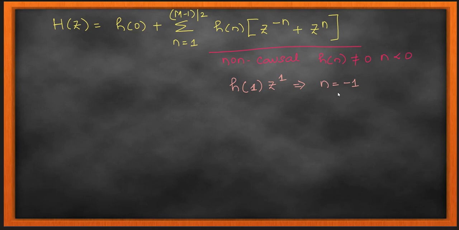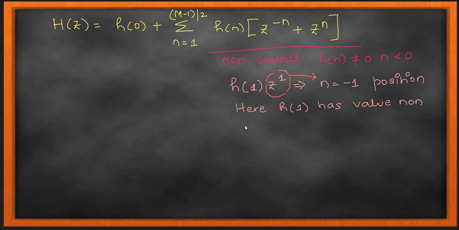So the above expression, whatever I have written, is symmetric and finite, but it is non-causal. It is not causal because it doesn't satisfy the condition: my h of n is not equal to 0 for n less than 0. For causality, h of n must be 0 for n less than 0. This is the non-causal condition I have here, because the positive powers of z mean that my sample index is occupying the negative position.